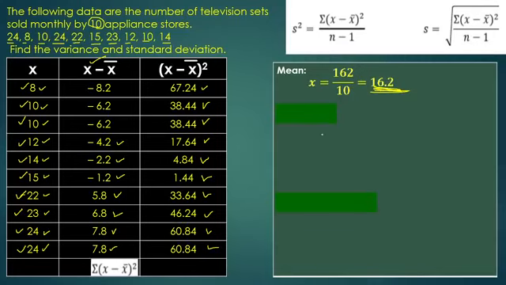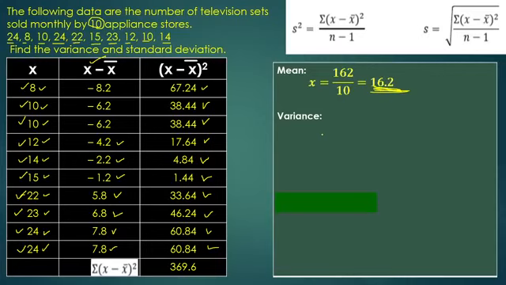Use your calculator. Let me verify that. 369.6. Okay? Now, let's now solve the variance.